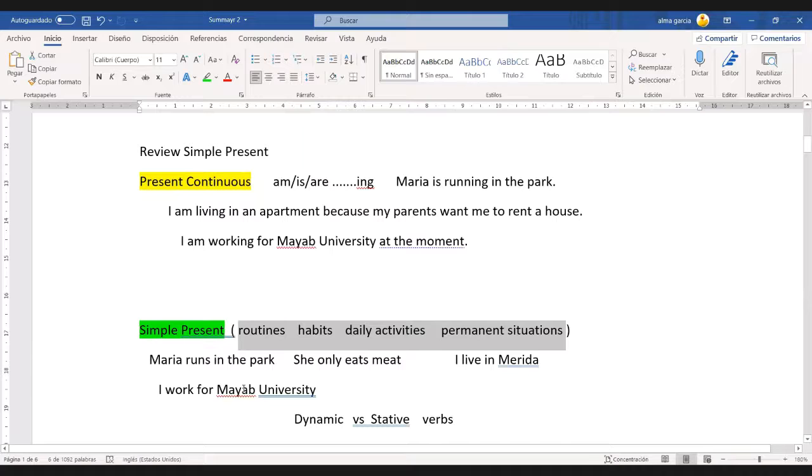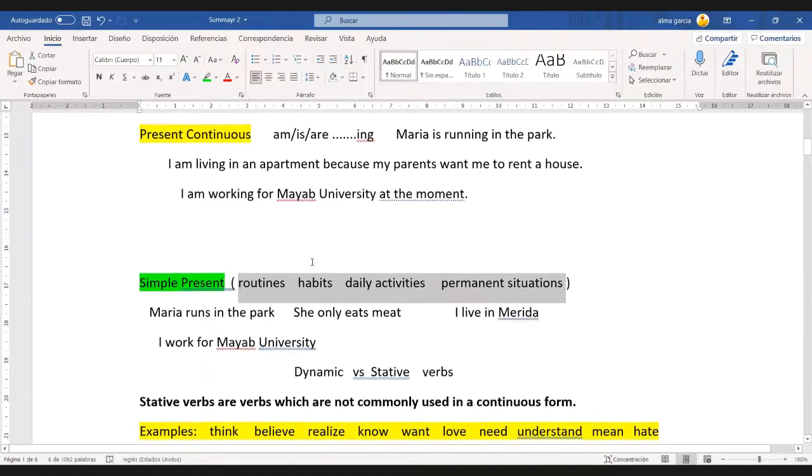Here is when we need the auxiliaries do and does, for example when we say doesn't, don't, here in the simple present. Because in the present continuous, remember, this is am, is, are. With this simple present, we also have the stative verbs.